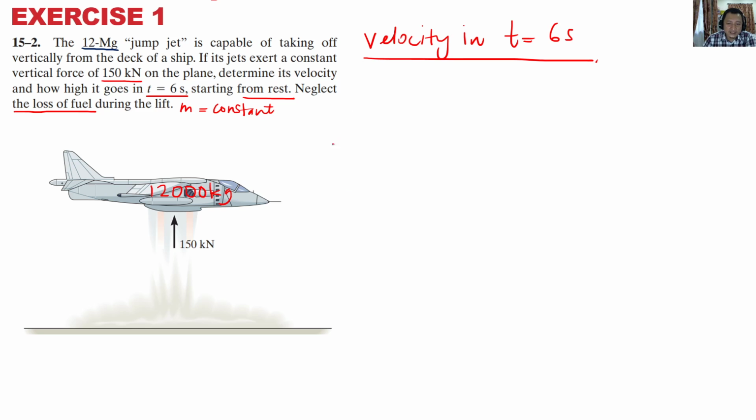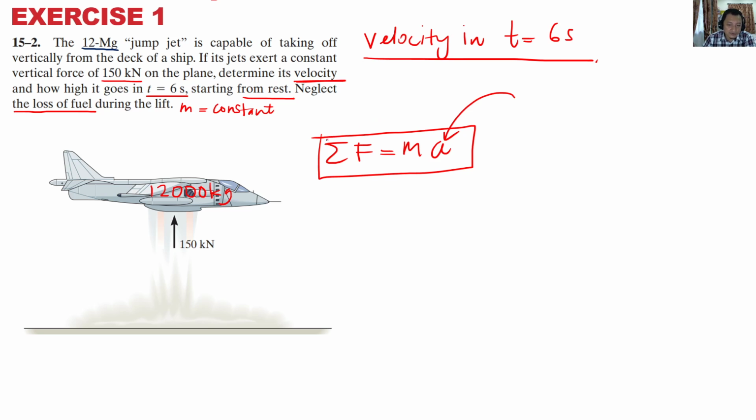If you are solving it using the previous method, which is Newton's second law, summation of force is equal to ma, can you solve something like this? I bet you can. You can get the acceleration, and then you can even get the velocity using the kinematics equation. It would be very easy.